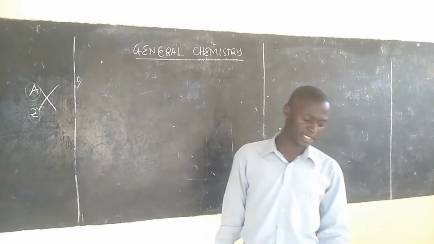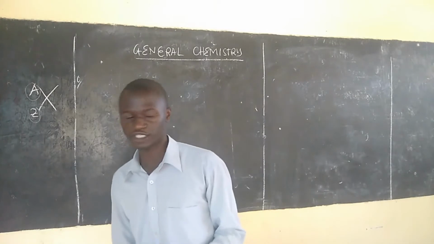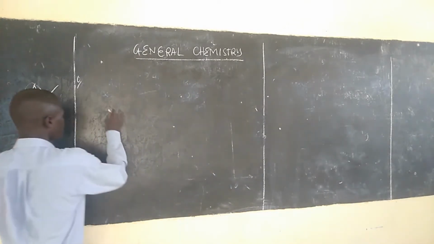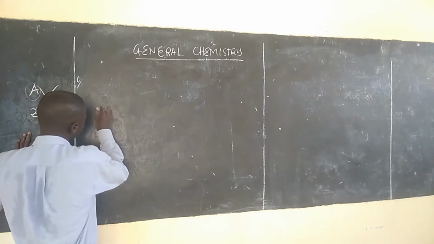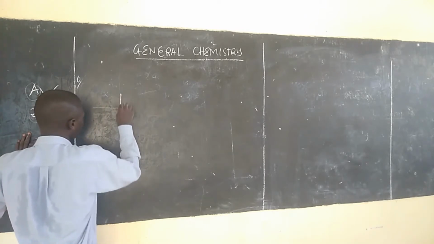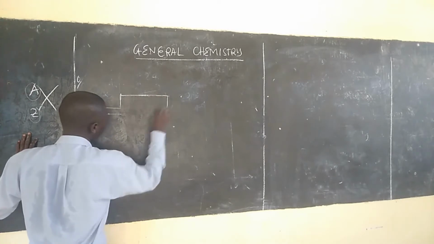From there, let's discuss the mass spectrometer itself and how it functions. I can draw the simple diagram representing the mass spectrometer, and in my diagram, I will have the ionization chamber here.